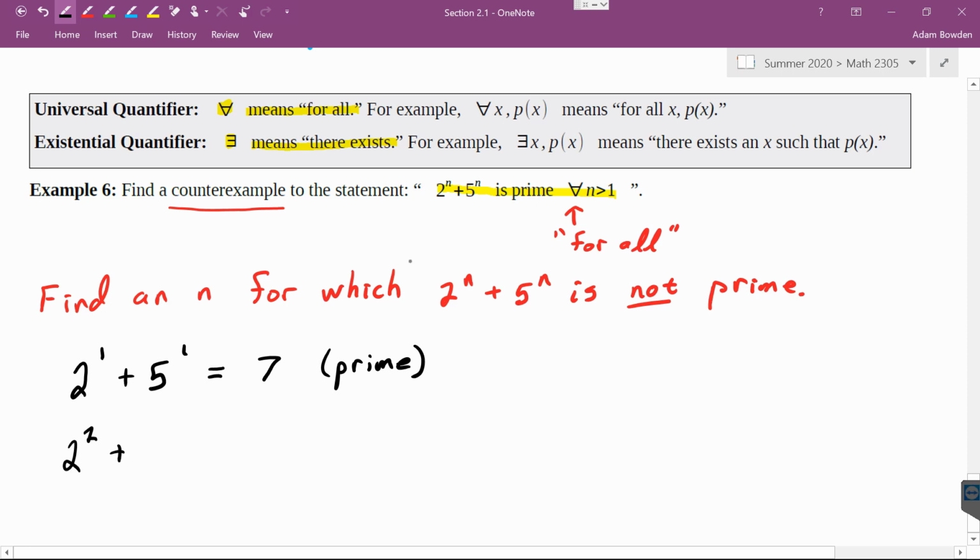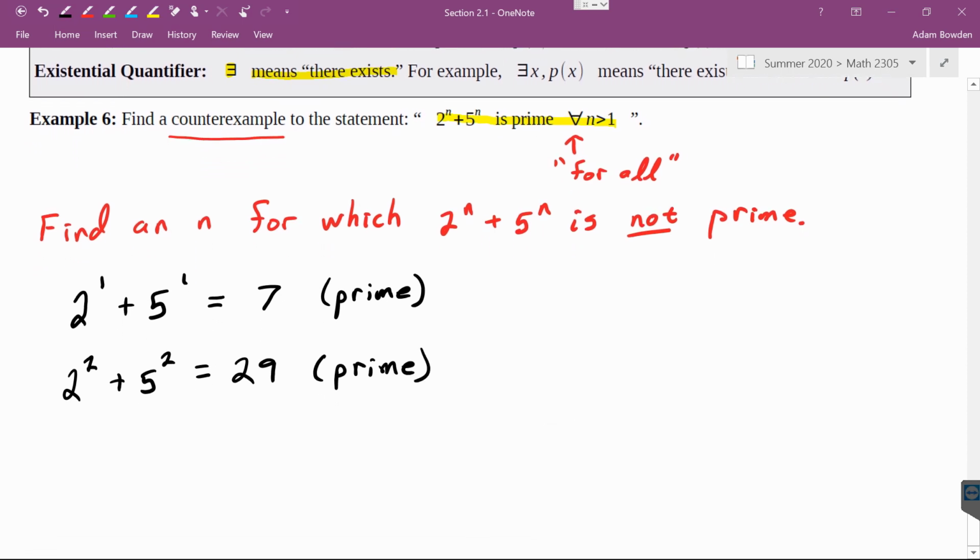If we go 2 to the second plus 5 to the second, that would be 29, and that's still prime. So we're just going to have to keep going and see if we can't find a number for n that causes it to be not prime. Now I had to go a ways to find one that works, but I went all the way to 2 to the fifth plus 5 to the fifth. And I found that is equal to 3,157.